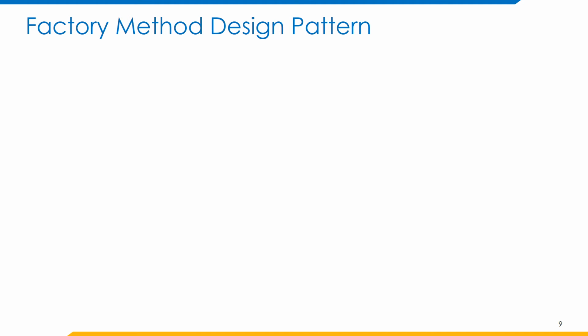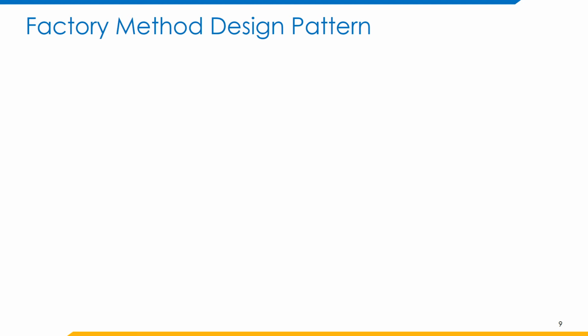Factory method design pattern. Before starting with this design pattern, we have to understand what a factory method is. A method which returns an object of a class is called a factory method. So the factory method design pattern is used when the object creation process is complicated.